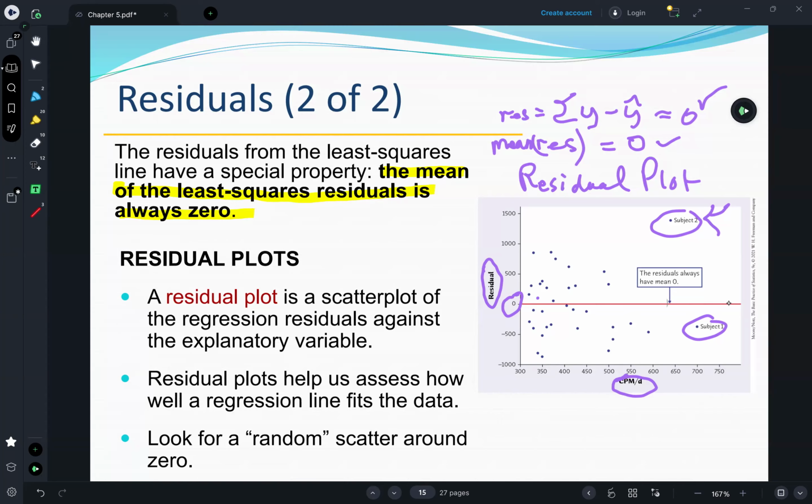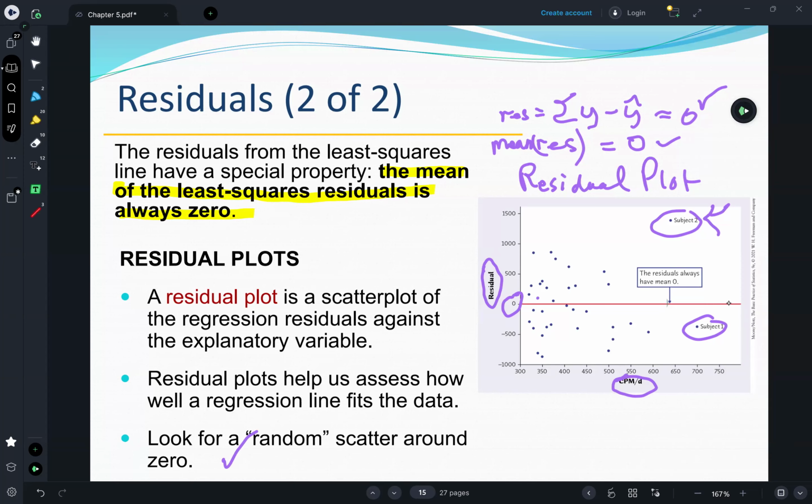We have some residuals that are above 0, which would be the points above the regression line, and some residuals that are negative, which are below 0, below the regression line. And that's good. We want to have random scatter. This is good. It means we have a good model.